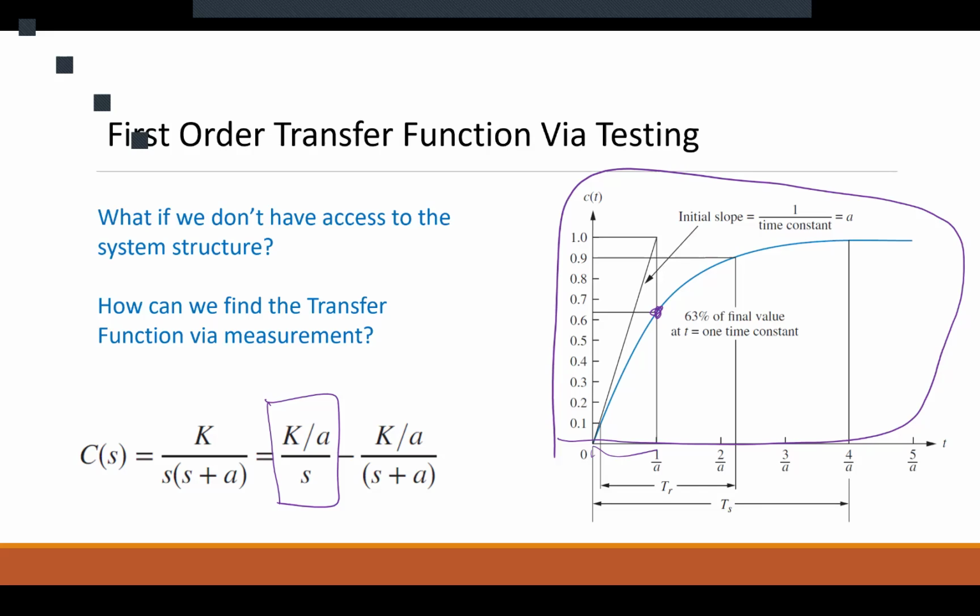Are we good? Now, if we have our time constant, and it is 1 over A, that means we have a term in our output which is e to the power of minus AT. Are we good?